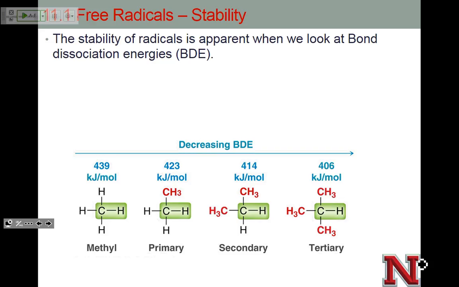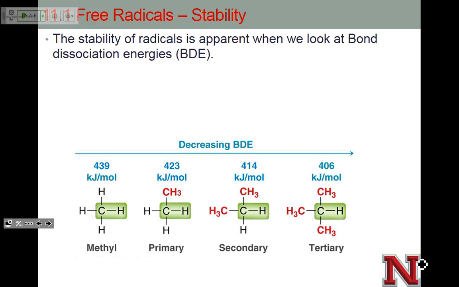These are all starting at the same energy. So what we're looking at is if the radical that results is more stable, then it's going to be easier to break that bond, so a lower energy. So what we see is, in agreement, if we know that a more substituted radical is more stable, it makes sense that that would have our lowest bond dissociation energy. That hydrogen would be the easiest carbon-hydrogen bond to break.